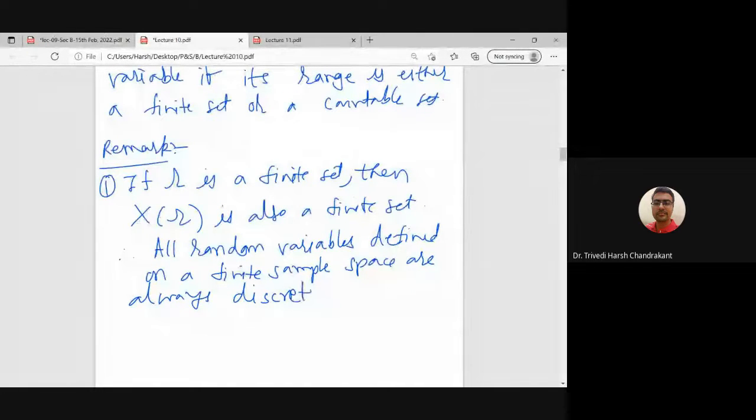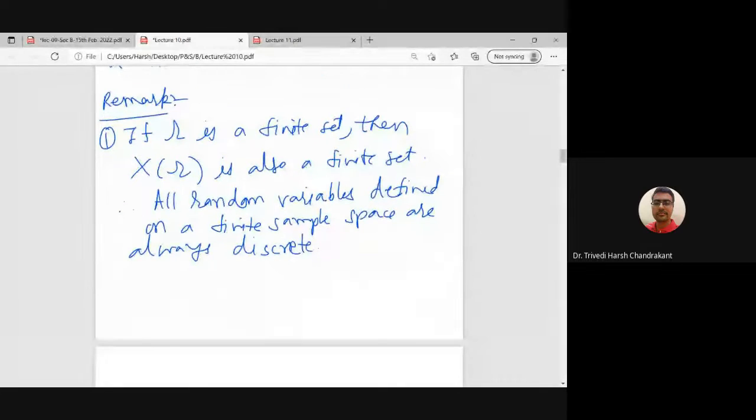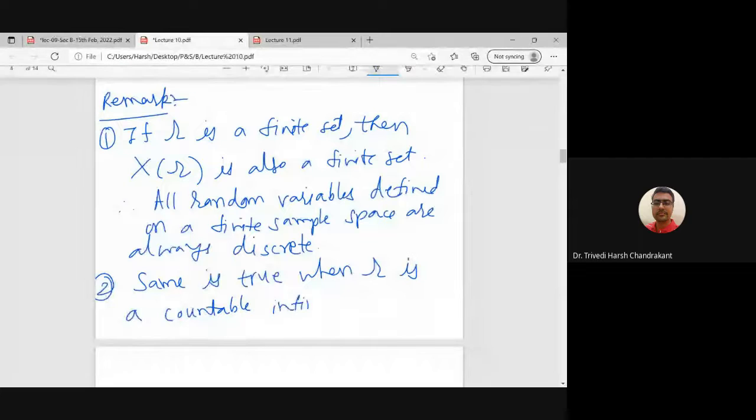That means its range contains only finitely many elements. The second remark is that the same is true when omega is a countably infinite set.